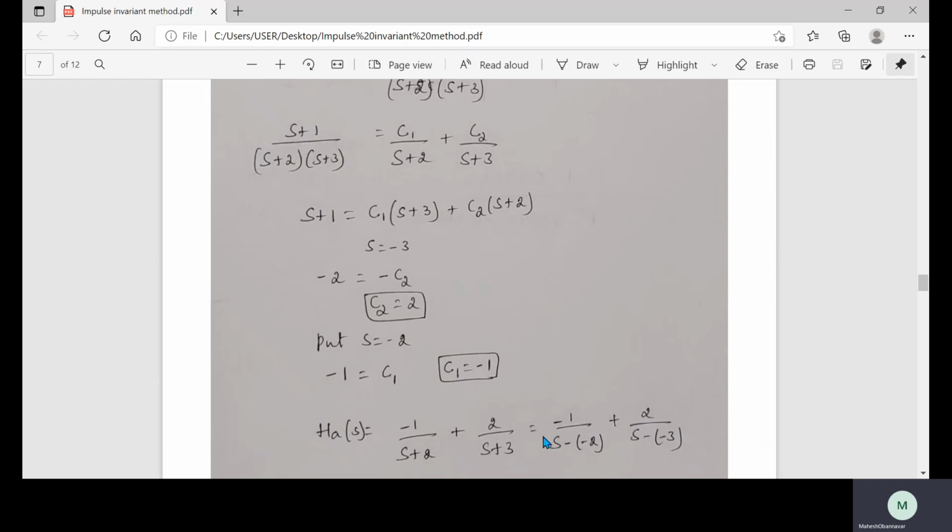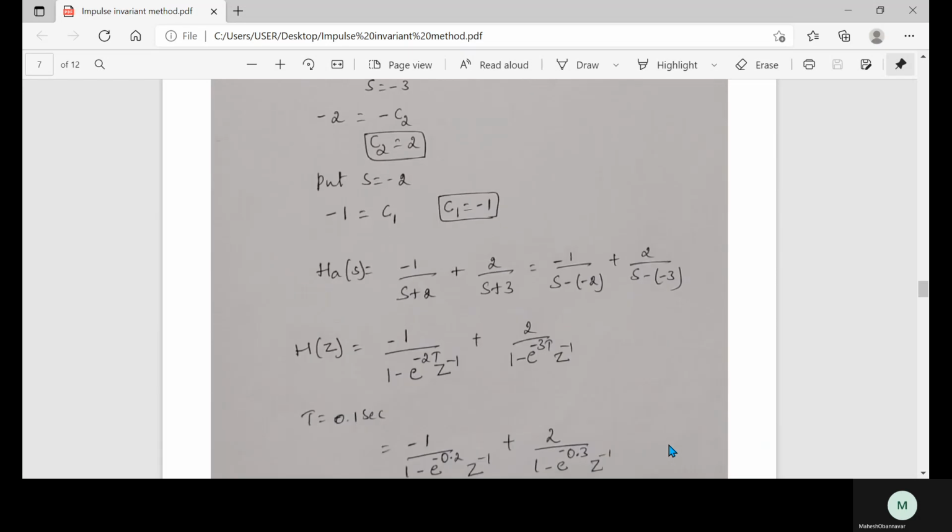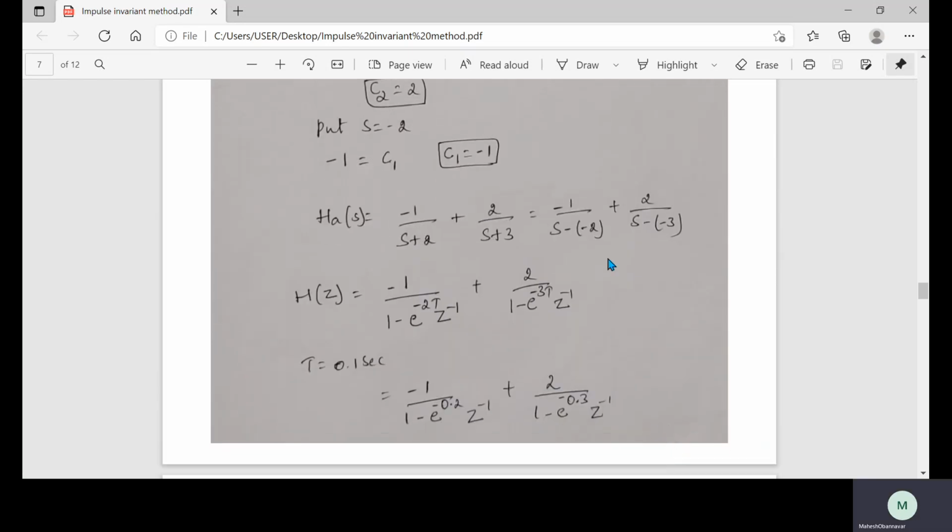Substitute for that. Okay, after substituting, see that you put it in the form of s minus pi. So after putting in the form of s minus pi, it is 1 minus e to the power of minus pi into t into z inverse.